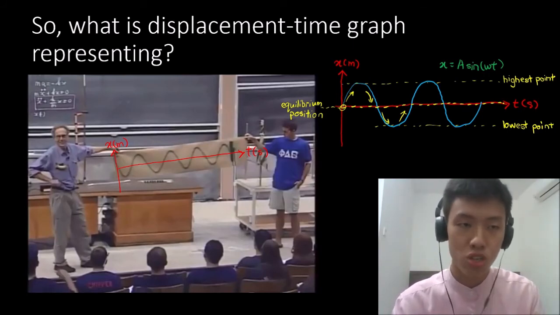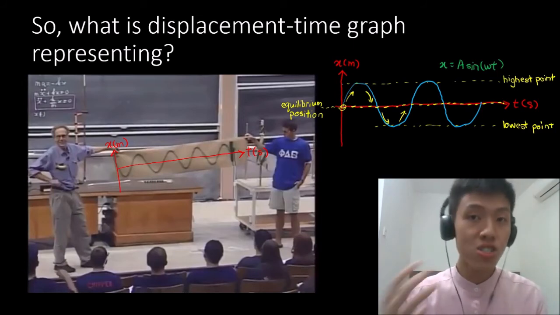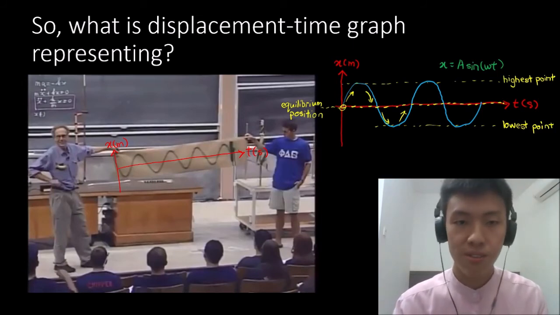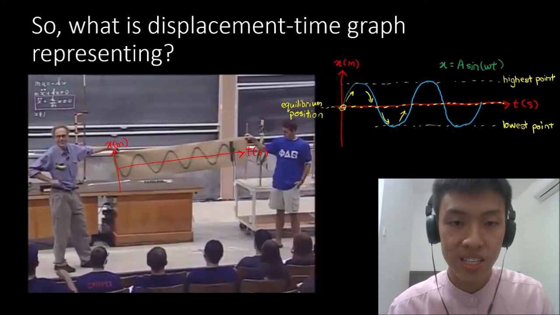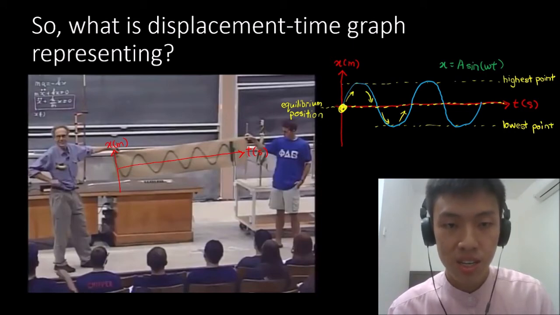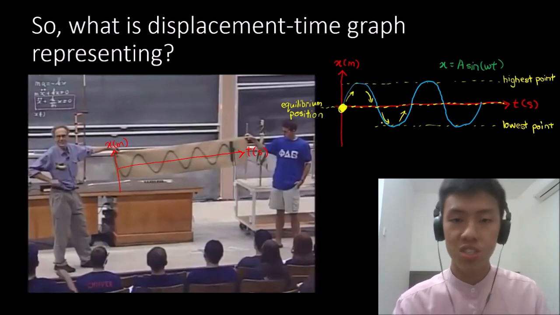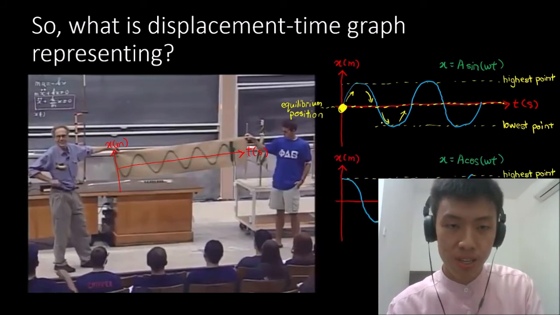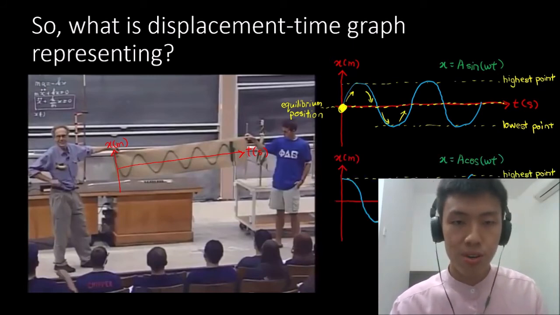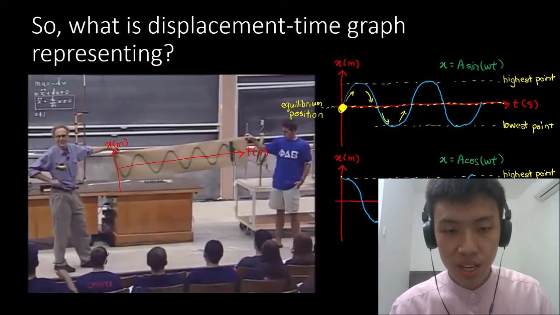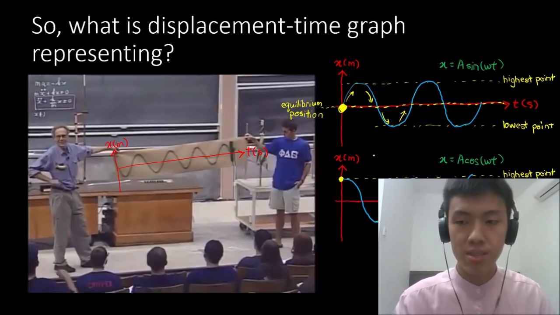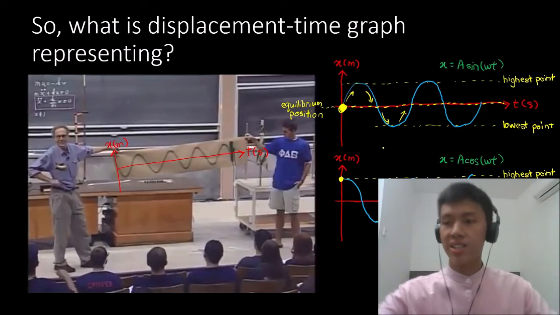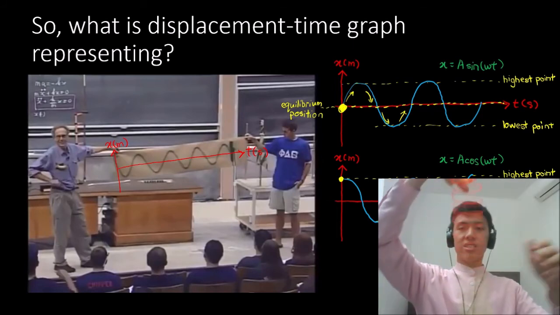Simple harmonic motion. But it's not a must for your oscillating things to start from the equilibrium position. You can start from the maximum point, or the maximum displacement. You can imagine it as having a slinky spring.